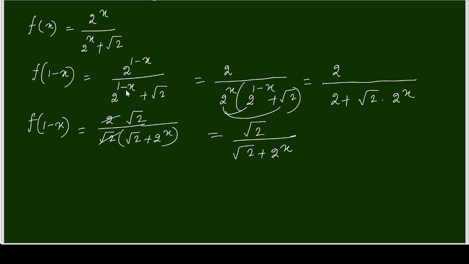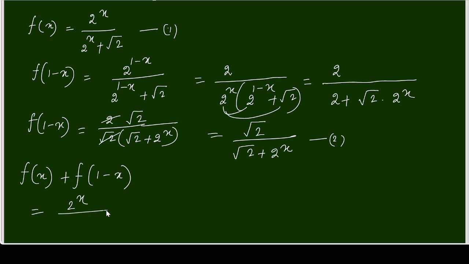Now see, this is f of x, this is your f of 1 minus x. I am adding these two. So f of x plus f of 1 minus x equals 2 power x over 2 power x plus root 2, plus root 2 over 2 to the power x plus root 2.